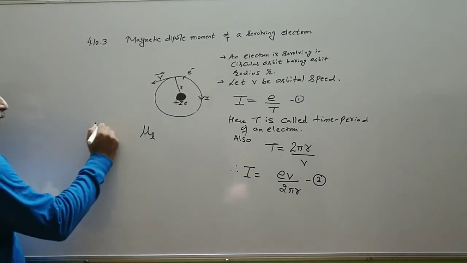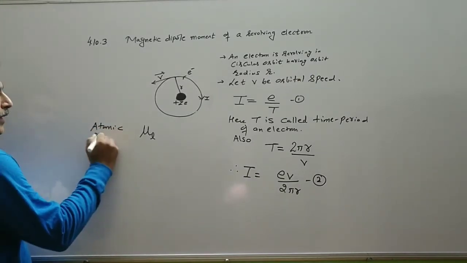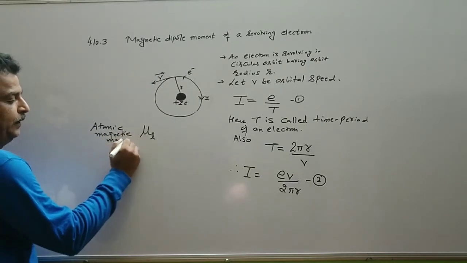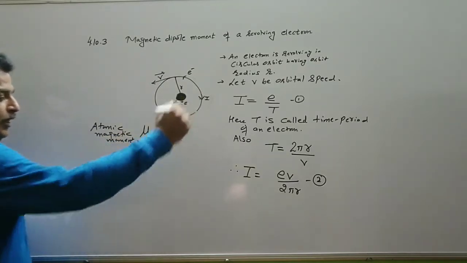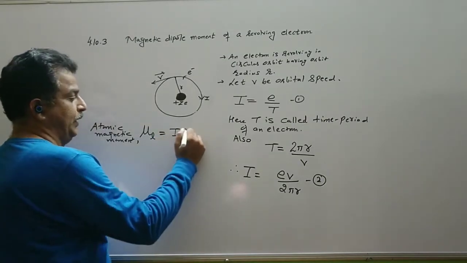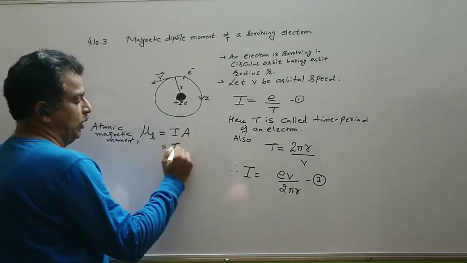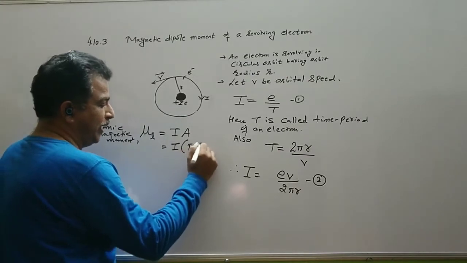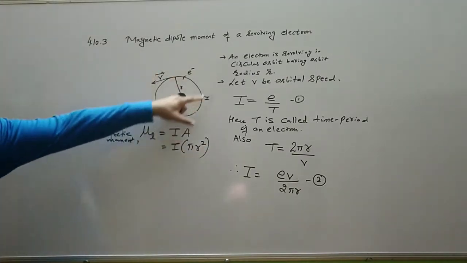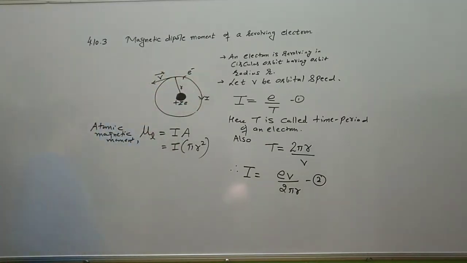So atomic magnetic moment, mu L, is equal to I into A. This is equal to I into pi r square, that is the area of this circular orbit or circular path, pi r square.